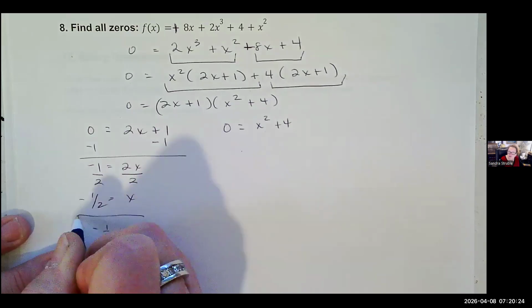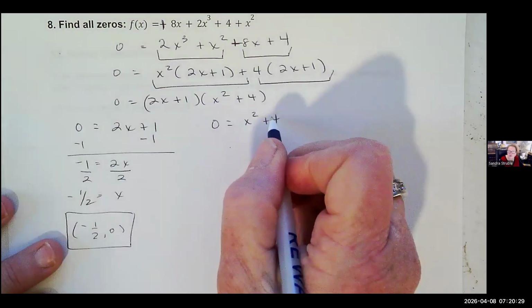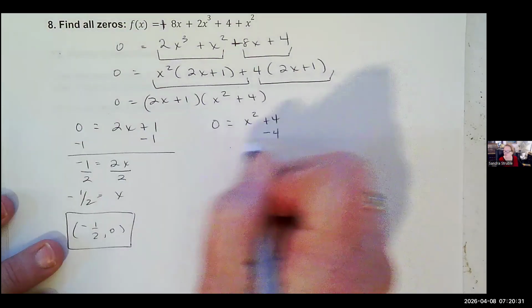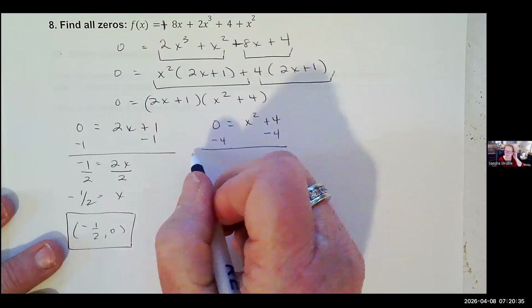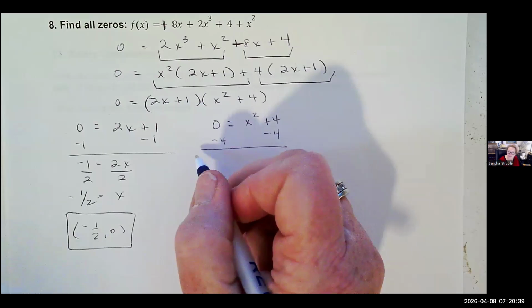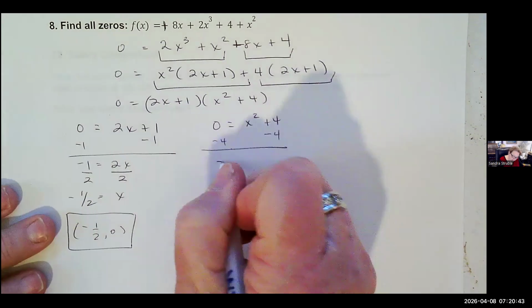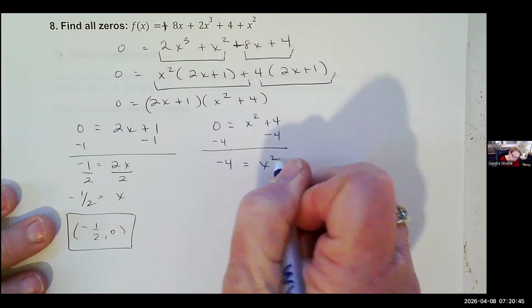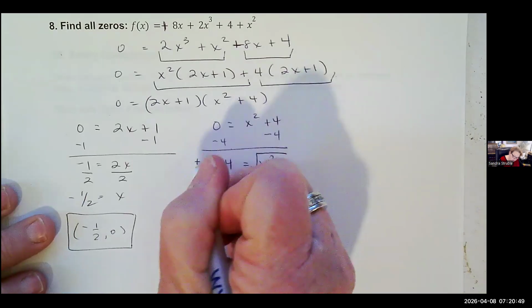All right, the next one, we're going to subtract 4 from both sides. You don't want your x squared to be negative, so don't move your x squared over. That's just going to make life more difficult. It adds an extra step, not necessary. Just move the 4 over by subtracting it from both sides. Negative 4 is equal to x squared. To get rid of a square, we have to take the square root. Remember, because it's an equal sign, we take plus or minus the square root.